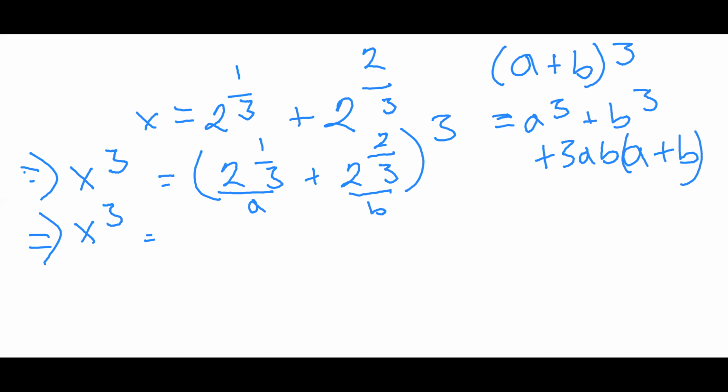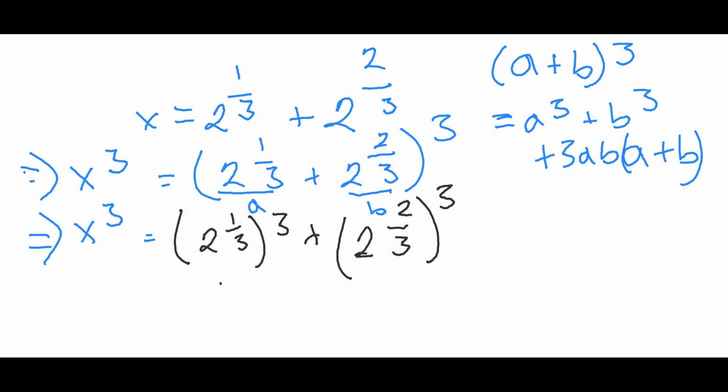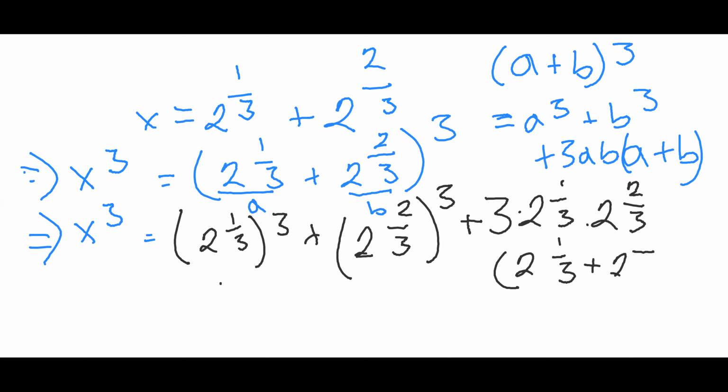So আমি এখন কি লিখতে পারি, আমি একটু ব্ল্যাক পেন ইউজ করছি এখন, তাহলে আমি লিখলাম 2 to the power 1 by 3 which is our a cube plus 2 to the power 2 by 3 which is our b cube, then plus 3a is 2 to the power 1 by 3 into b is 2 to the power 2 by 3 into a plus b, so a plus b again here 2 to the power 1 by 3 plus 2 to the power 2 by 3.